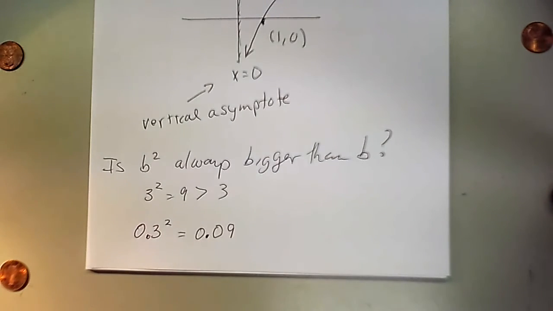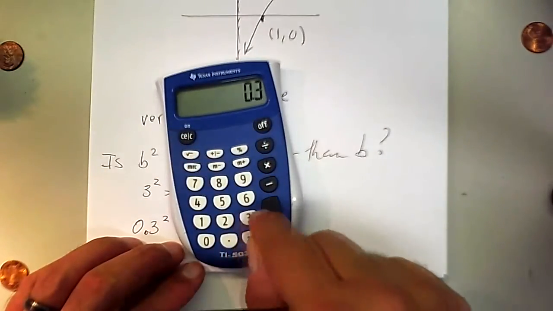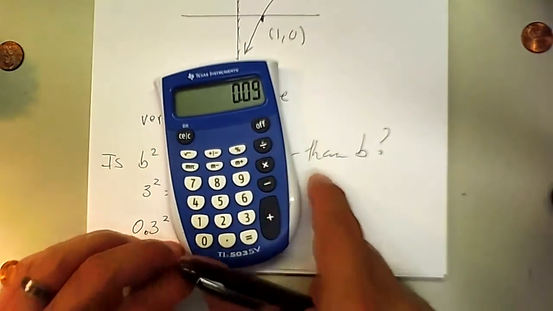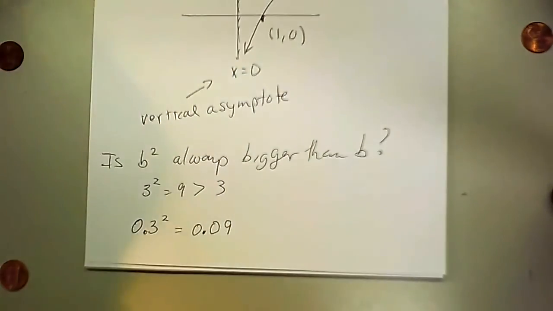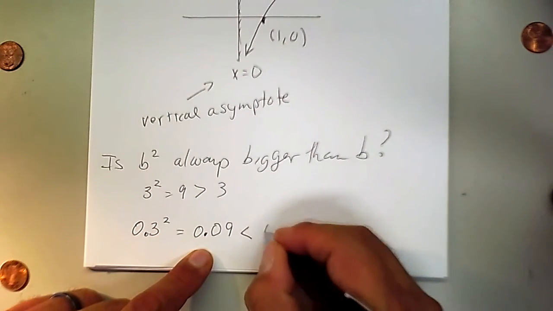You're not going to get 0.9. Let's do it to make sure. 0.3 times 0.3. There you go. 0.09. 0.09 is smaller than 0.3.